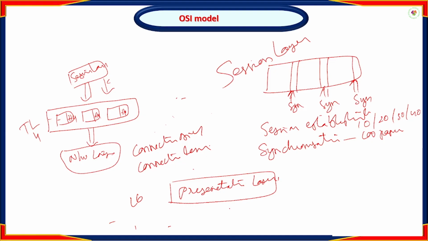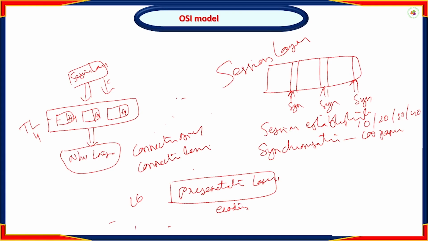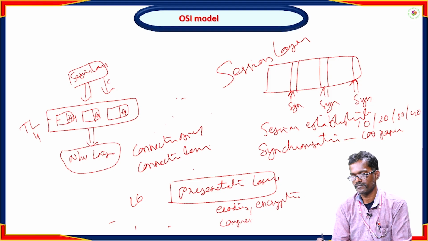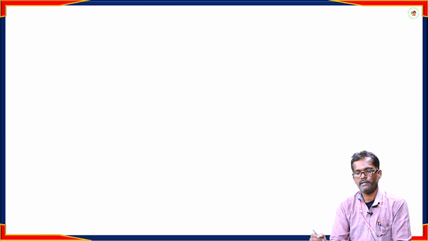The main features are encoding, encryption, decryption, and compression of data. Everything is taken care of by the presentation layer.